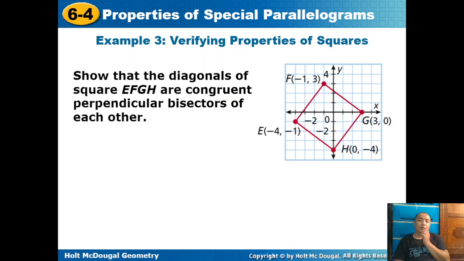To show that they are perpendicular, we use slope: the product of their slopes should be equal to -1. And to show they bisect each other, we use the midpoint formula, okay?